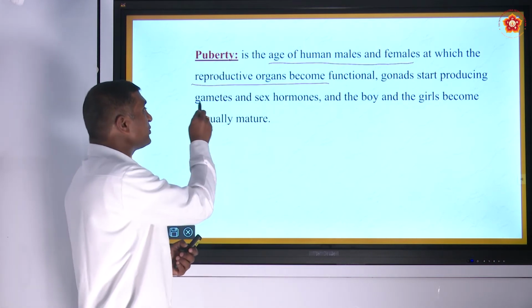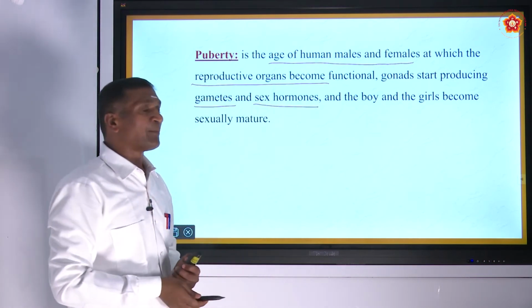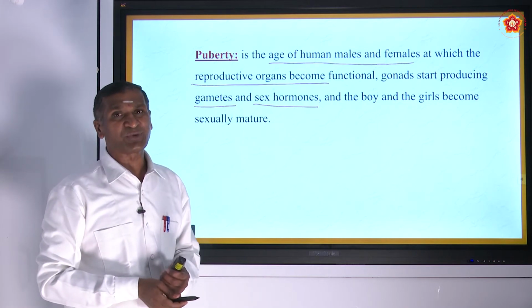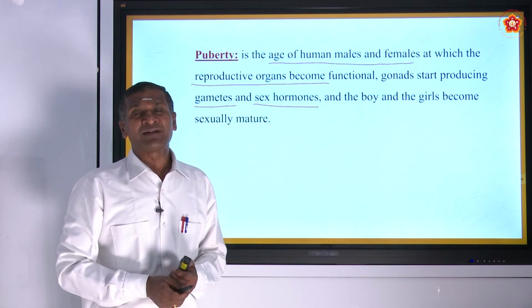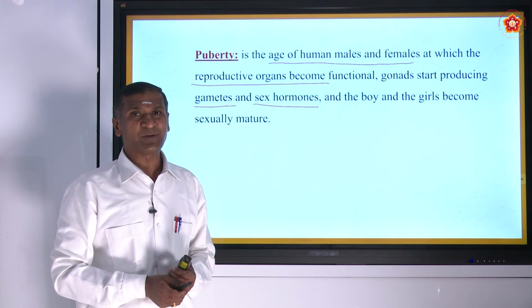Gonads start producing the gametes and the sex hormones, and the boy and the girl become sexually mature. So puberty means the maturity of the boy or the girl.